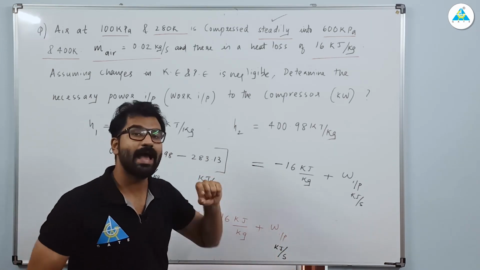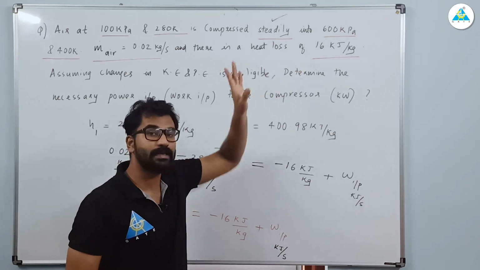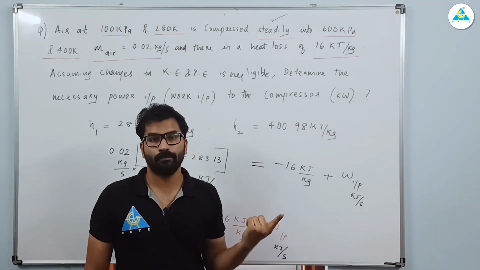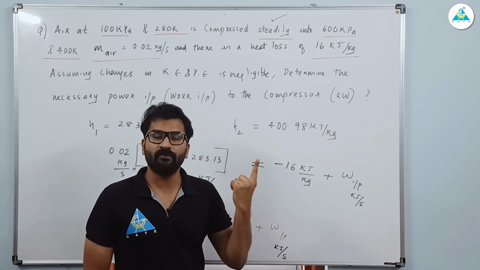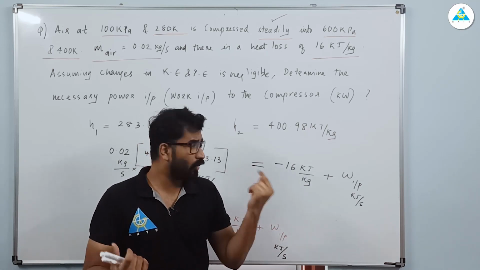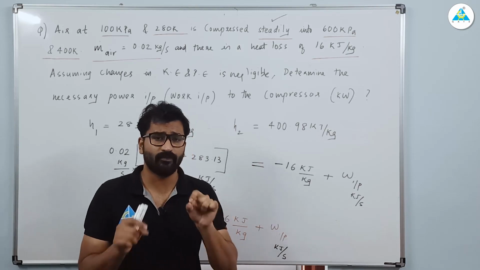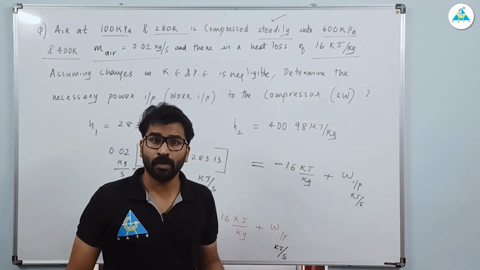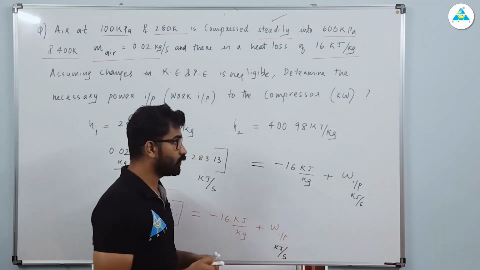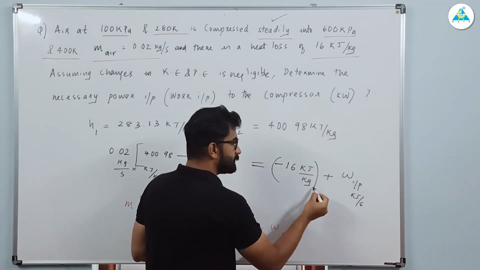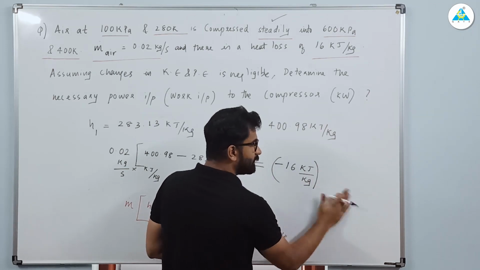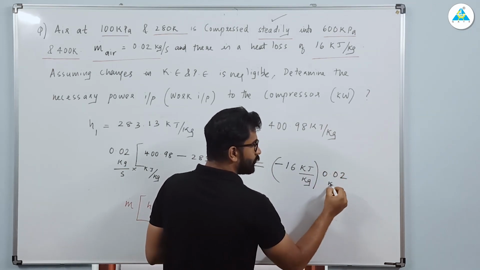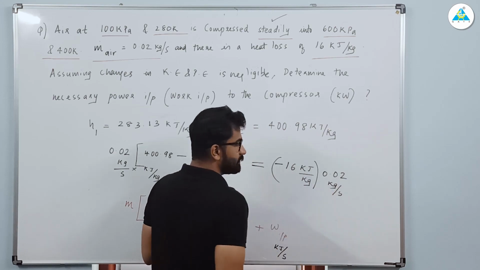So we have a heat loss of 16 kilojoule when we have 1 kg of mass, right? For a mass of 1 kg you have a heat loss of 16 kilojoule. Now how much is your mass flow rate? So you have to multiply this term also with 0.02 kg per second.